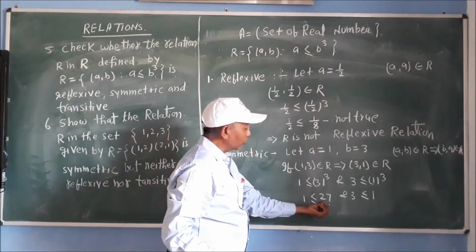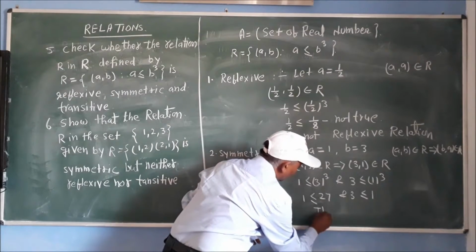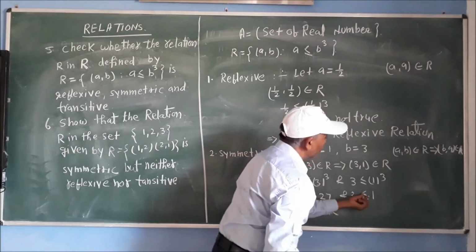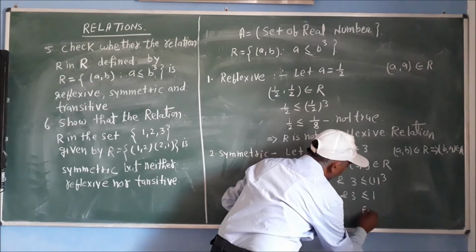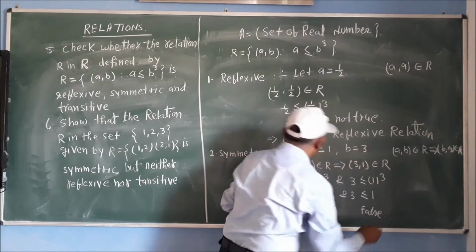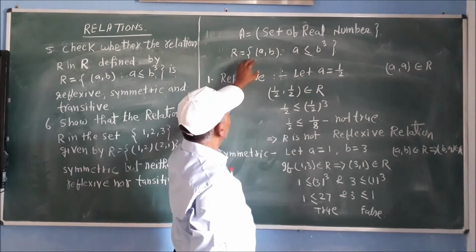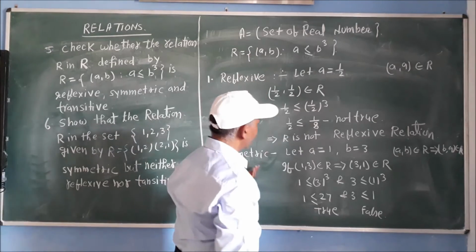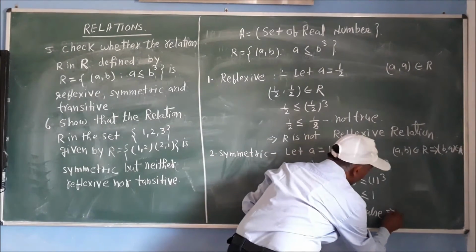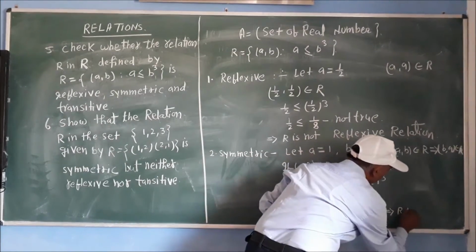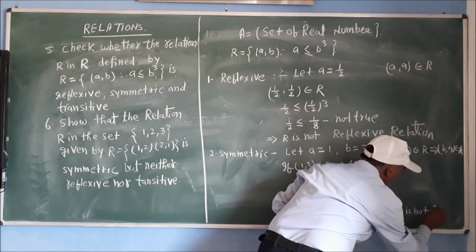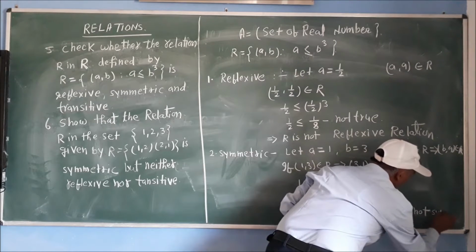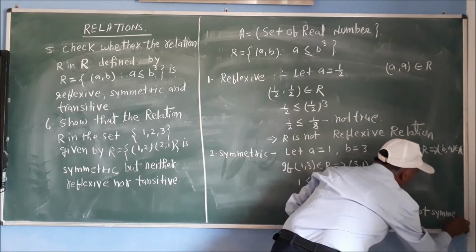So 1 ≤ 27, this result is true, and 3 ≤ 1, this result is false. So we can say that this relation R is not symmetric.